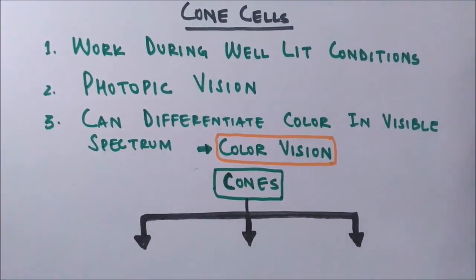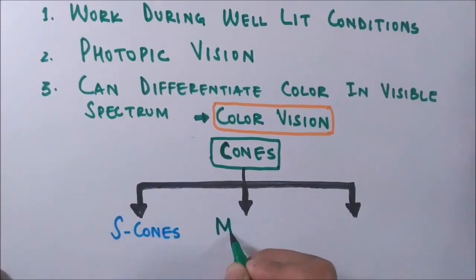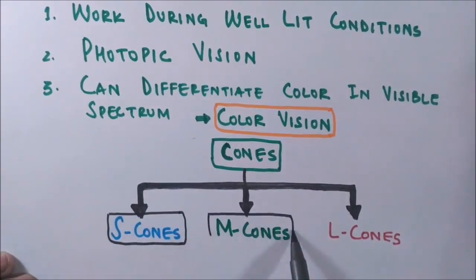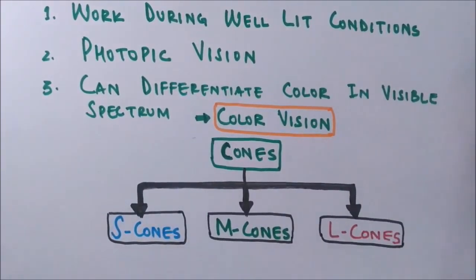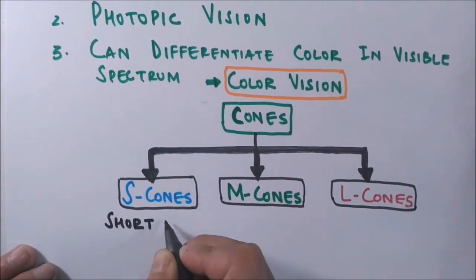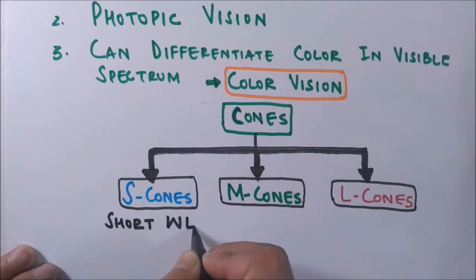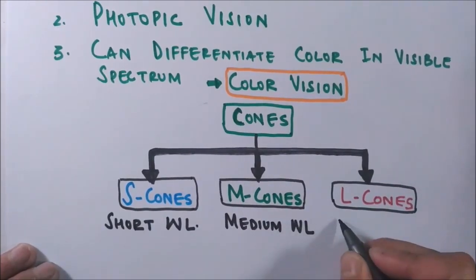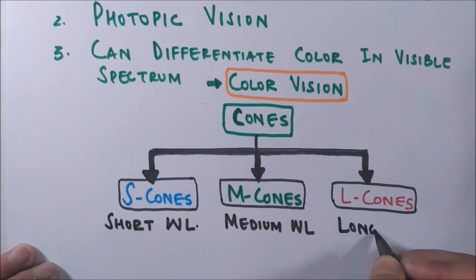The three types of cones are the S cones, M cones and the L cones. In the visual spectrum, S cones are responsible for short wavelength, M cones detect medium wavelength and L cones detect long wavelength.